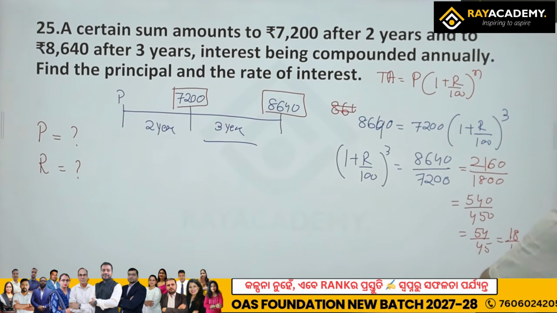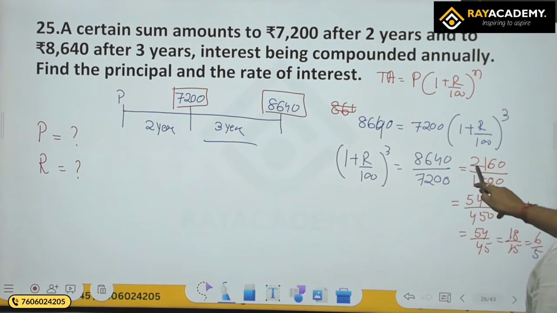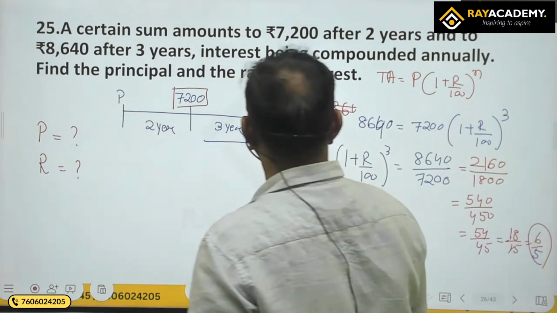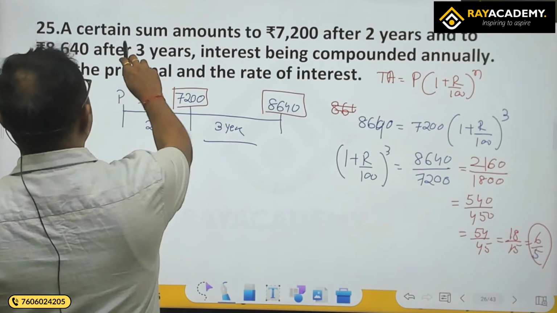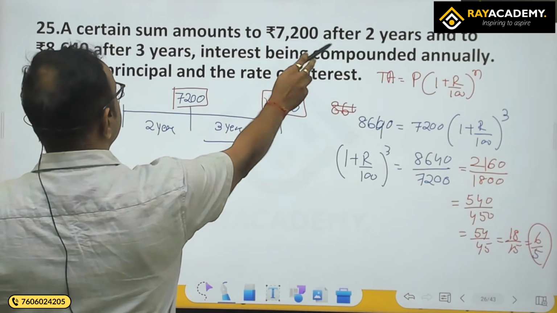Let's see what is happening. 8640, 4 twos are 8, 4 ones are 4, that is correct. 540, 54 by 45, that is also correct. 18, 15, it is 6 by 5 you are getting, but I don't know why.